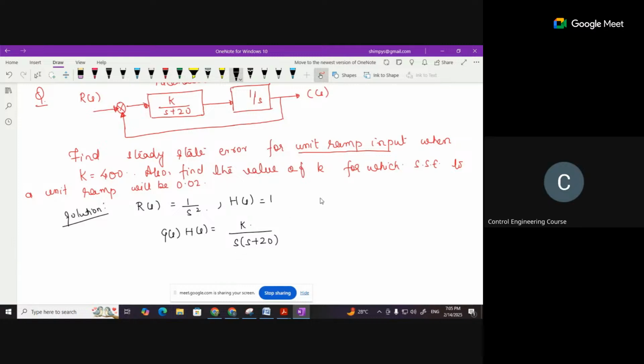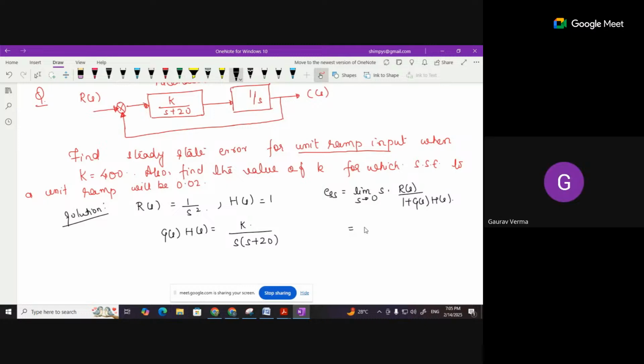So if I now look into my steady state error, that is limit S tends to 0. As we are talking of the ramp input, it will be S into RS by 1 plus GSHS.